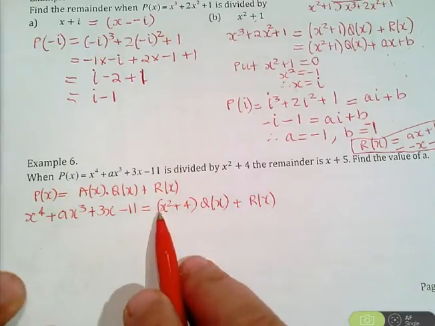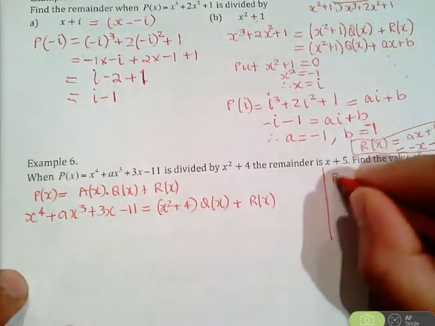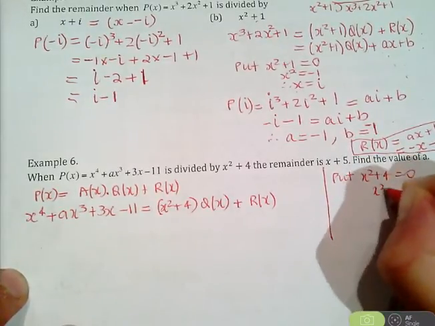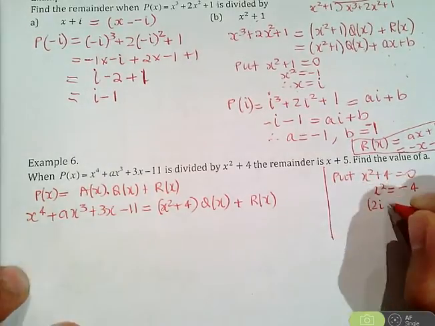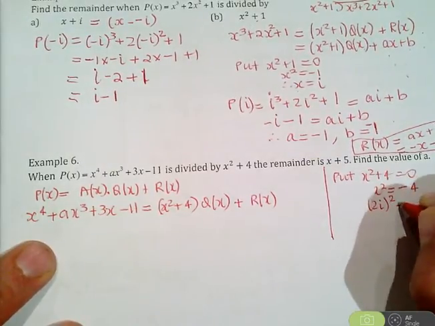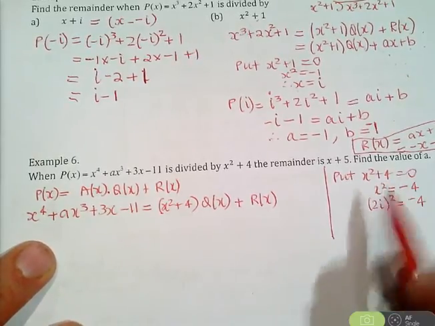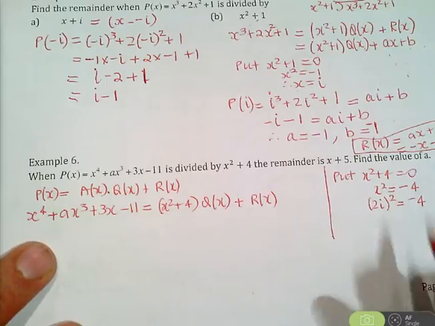Now again, looking for something to substitute. If we can wipe this out and make this 0, let's just put x squared plus 4 is 0. So x squared is negative 4. We know that 2i squared will equal negative 4, because 2 squared is 4, i squared is negative 1.